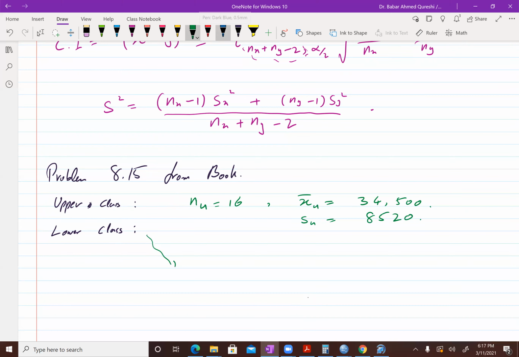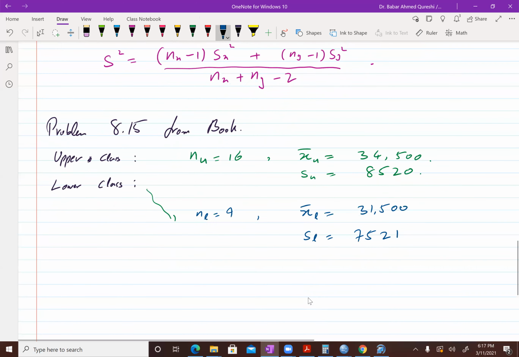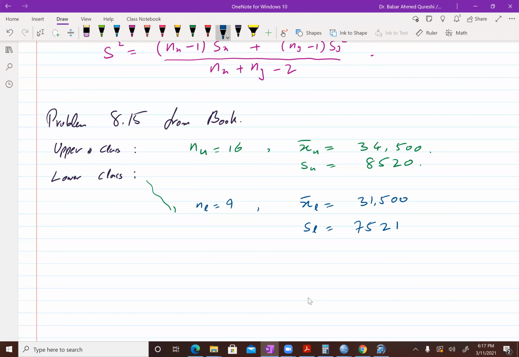From the lower class, you had only 9 people in your sample. You computed their mean, and it turned out to be this, and their sample standard deviation was 7521. So your question is, do people with upper socioeconomic backgrounds make more or not, according to this data?